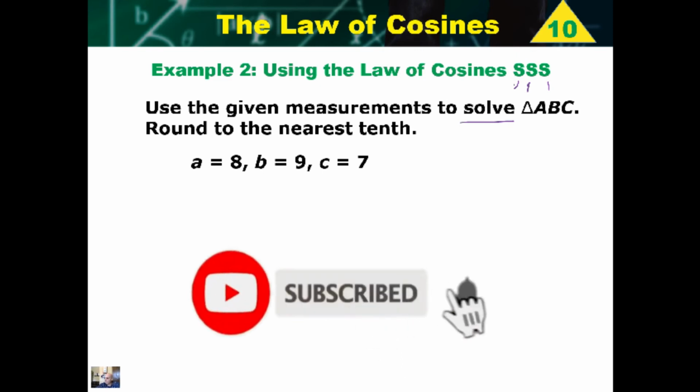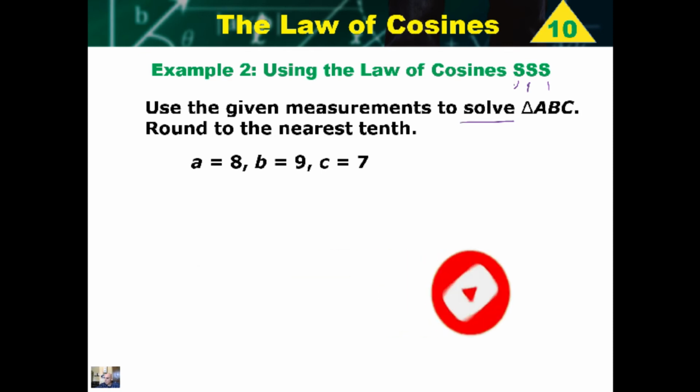If I look closely at the law of cosine, I have basically a side with 8, a side with 9, and a side with 7. So I will have to think about the law of cosine. If I want to find the measure of one angle here, perhaps I'm going to start with angle B, just because.